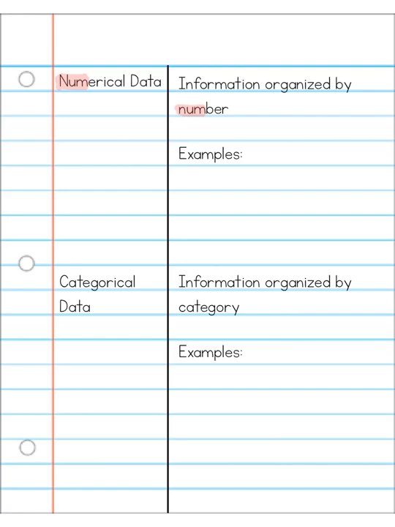Some examples for numerical data would be if you asked your classmates their age. Age is a number, so that's numerical data. Or perhaps weight. Or height. Anything that is a number answer.